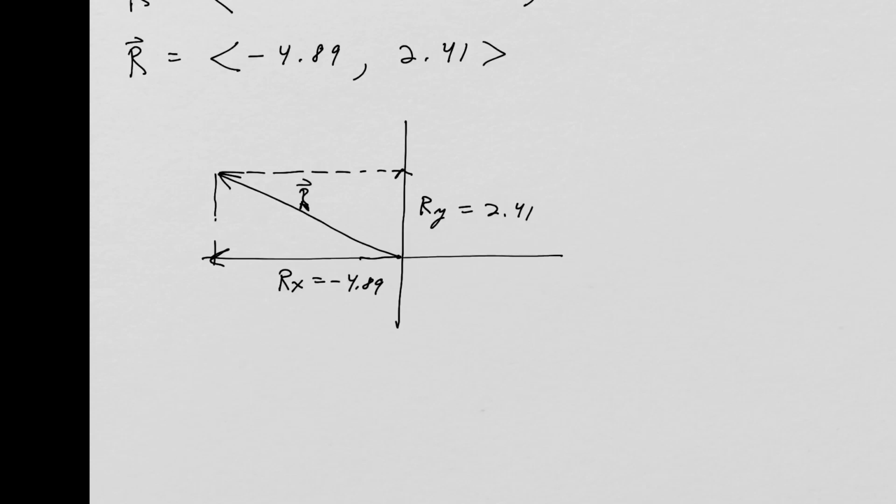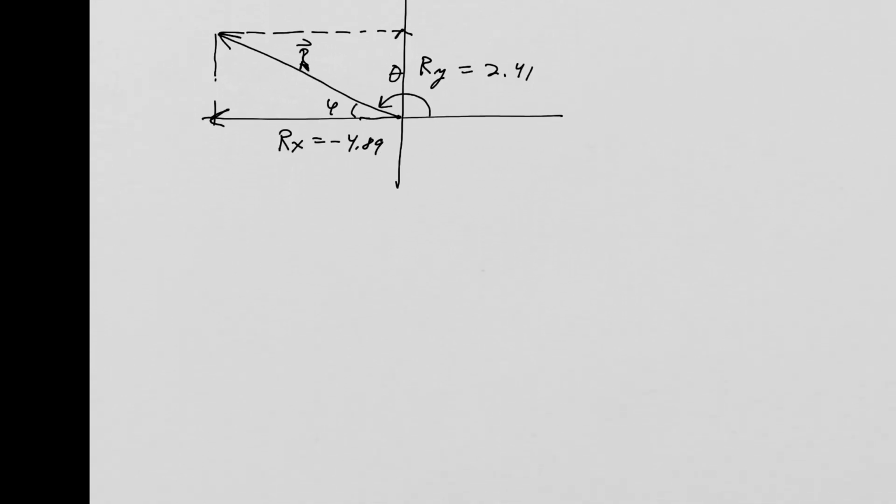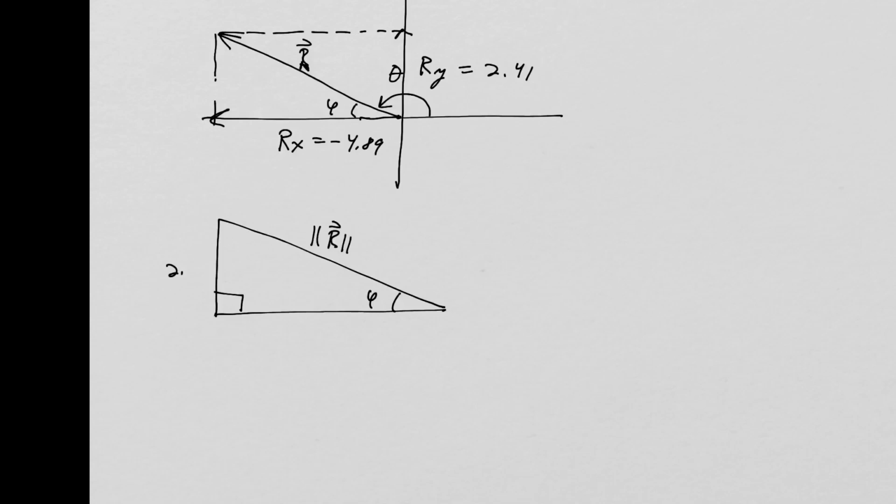And I want to find the magnitude, and I want to find the direction. So again, ultimately I probably want to find this angle, but I want to first find reference angle theta. Okay, so let's extract out that right triangle. So this is theta. This is what I'm looking for, right? The magnitude of R. And I know that this length, the RY, is 2.41.